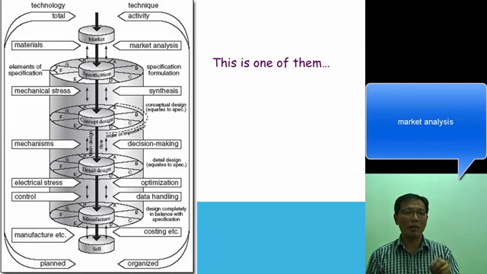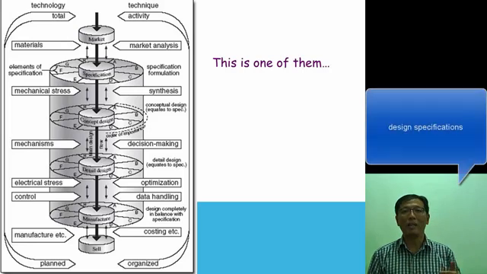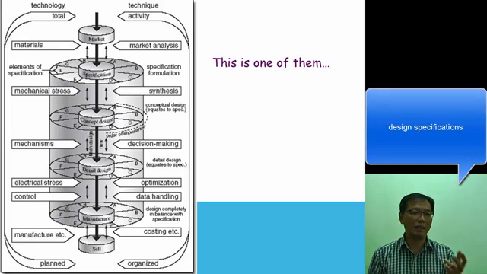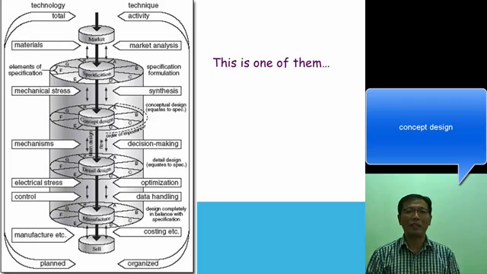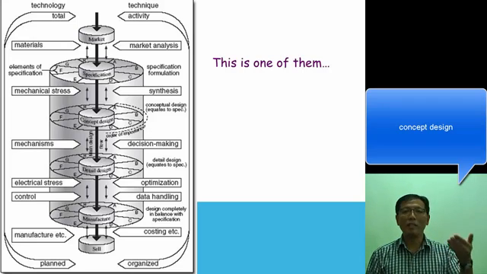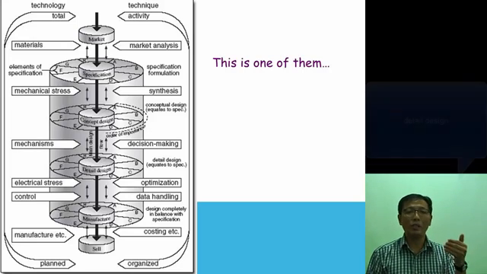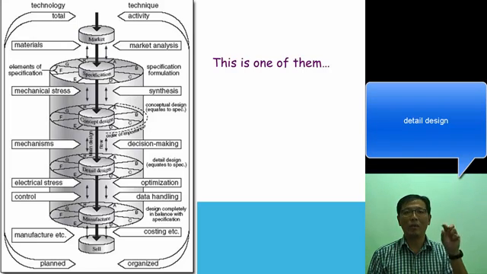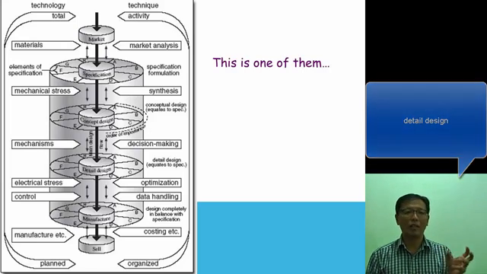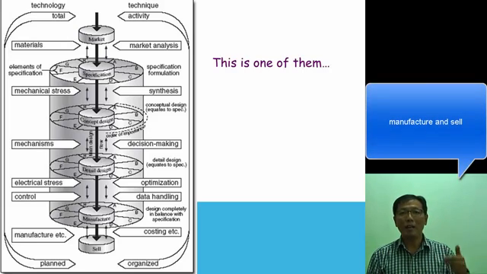You analyze the market, what is available, then you look at what specifications you want in your particular design. You synthesize your ideas, you generate some ideas, you generate some concepts. After that, you need to make some decision: which design is the best. Then you develop it into details, like how things are going to come together, and then finally you manufacture it, and after that you sell the item.